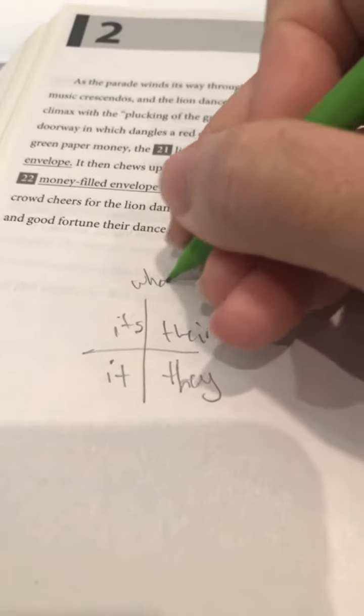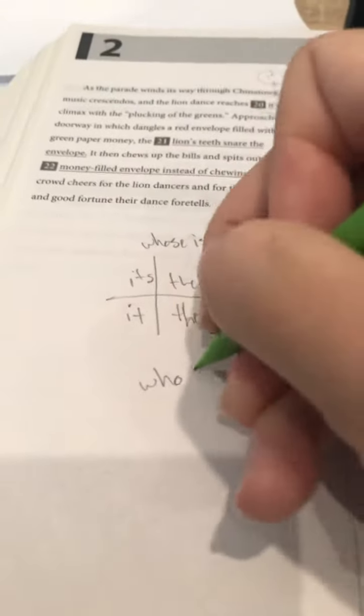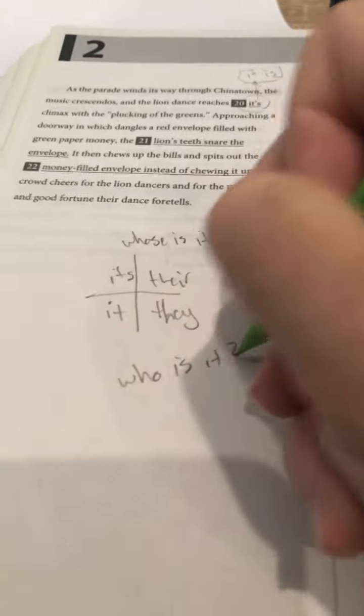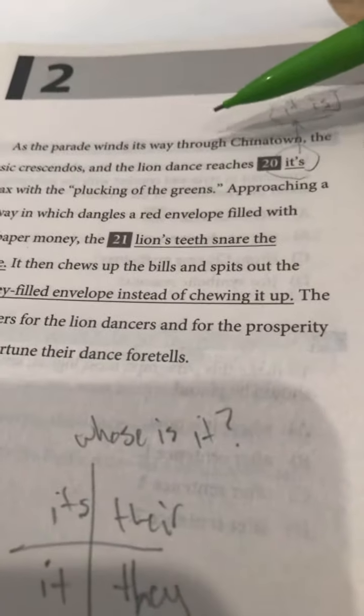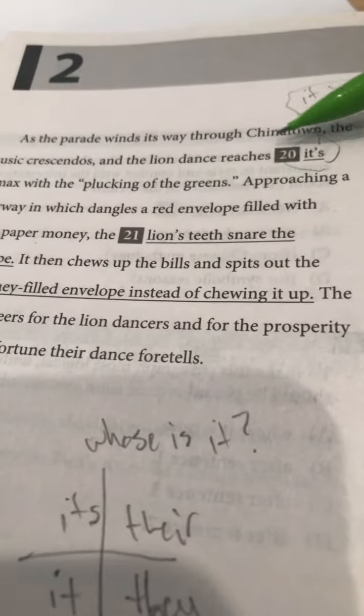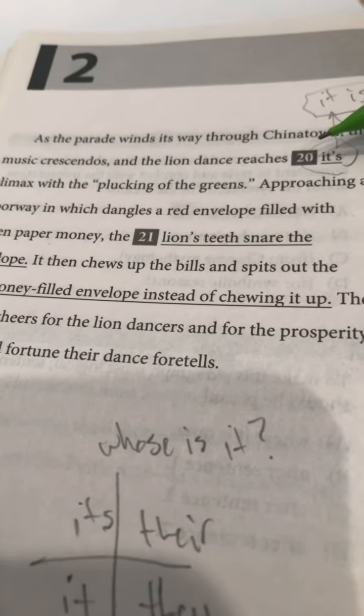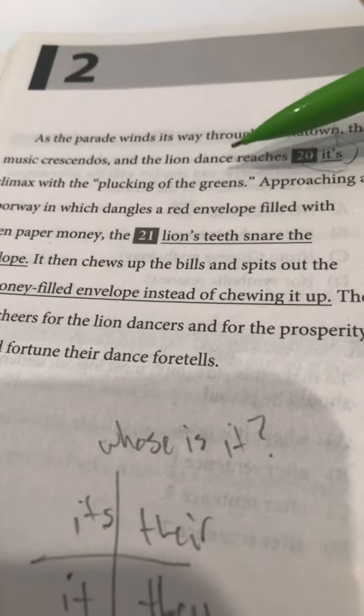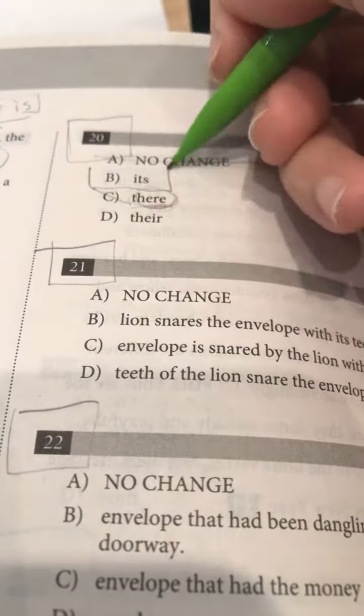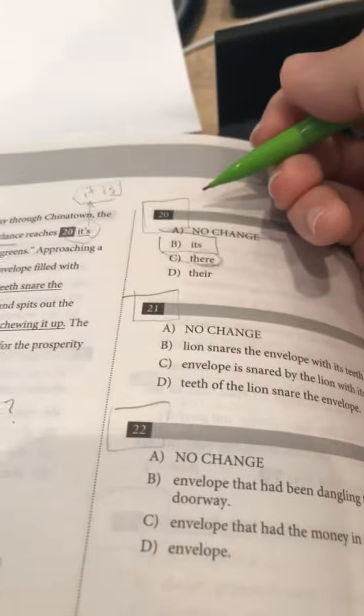For "its" or "it's," you want to ask the question, whose is it? And for "it's" or "its," you want to ask the question, who is it? Now, whose is it? So the lion dance reaches its climax. Whose climax? The dance's climax, and dance is singular. So it should just be the lion dance reaches its climax, which is B.